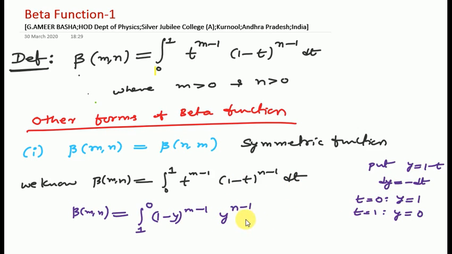In place of dt, it will be minus dy. But in place of t here, I need to substitute: bring t to this side and y to that side, it will become 1 minus y. Okay, I hope it is clear.